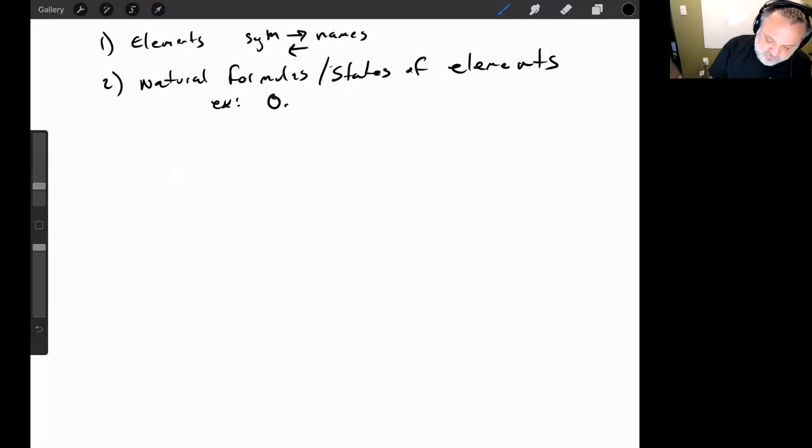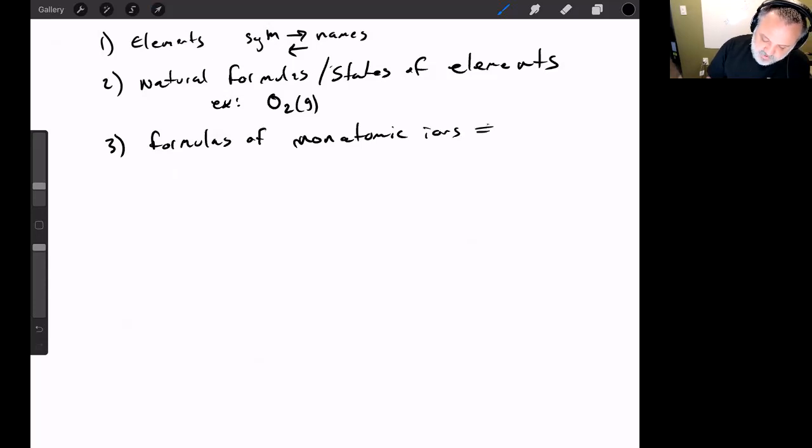Remember that oxygen is O2 gas, etc. This is what we mean by that. We did formulas of monatomic ions and their names. And we did formulas of ionic compounds.